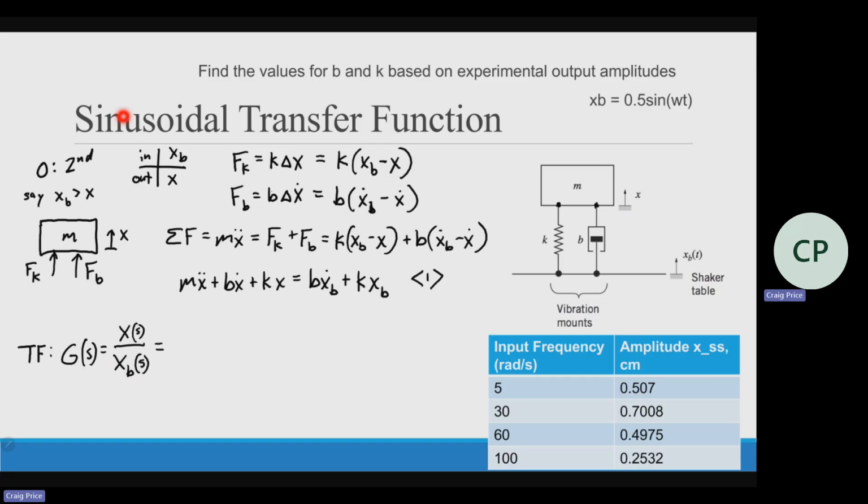You want to tell me what the transfer function is? You're already doing it. So, what? Output over input? It's on the numerator. Well, actually, that's going to be the denominator. We should have a bs plus k numerator over ms squared plus bs plus k denominator.